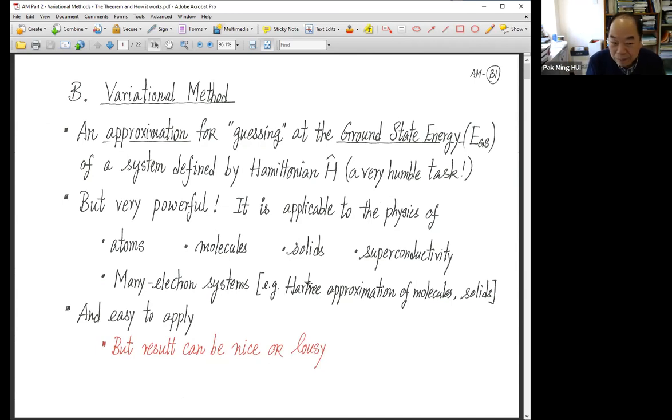And more importantly, it's very easy to apply. But a warning, the result can be very nice and it also can be very lousy. Nonetheless, you have not violated anything, even if the result is lousy.